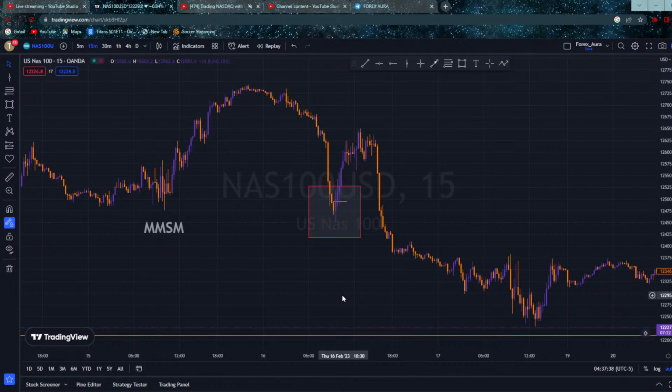Then the candlestick after the validation opens and gets inside the open of our order block, and ICT said you can buy. In that case, yes, you can buy.